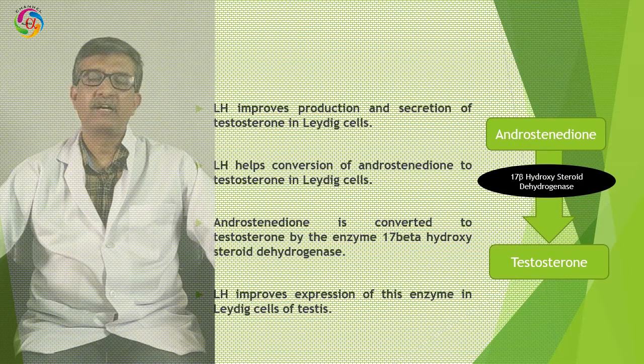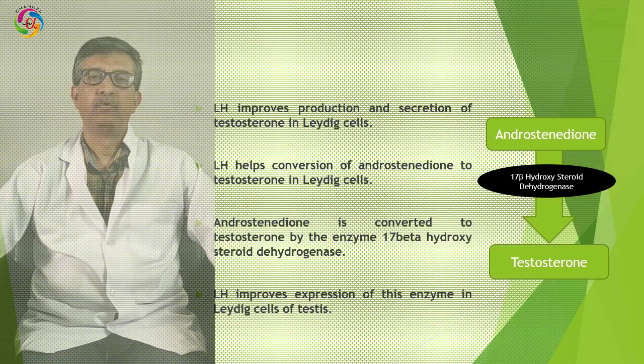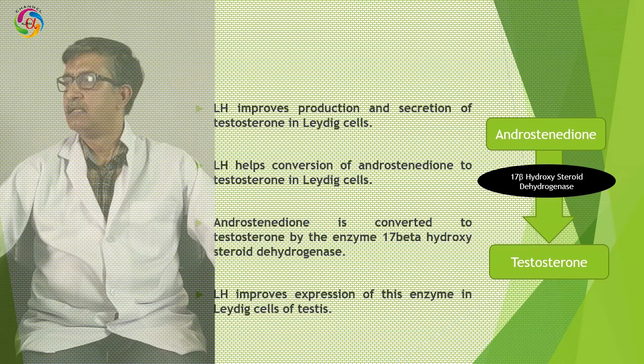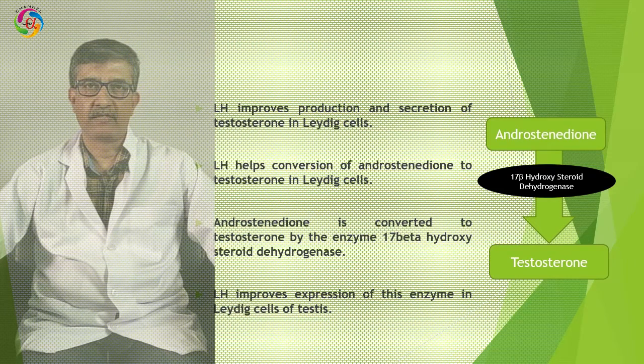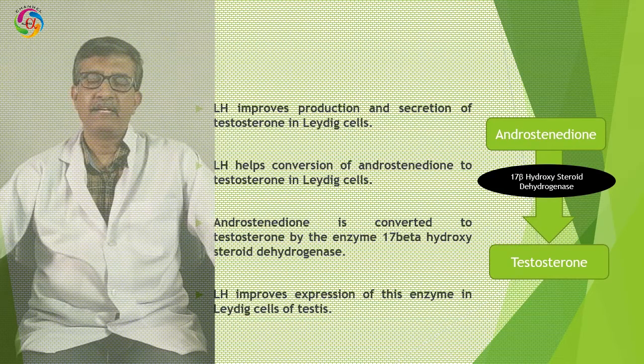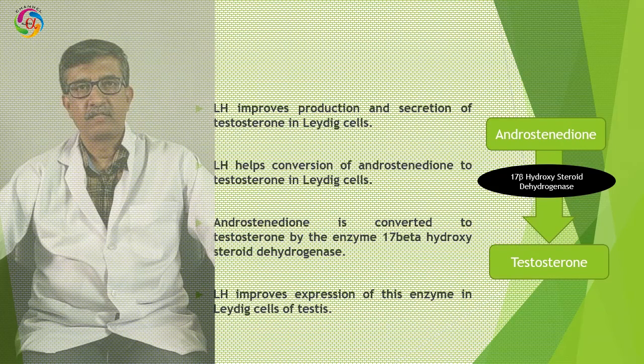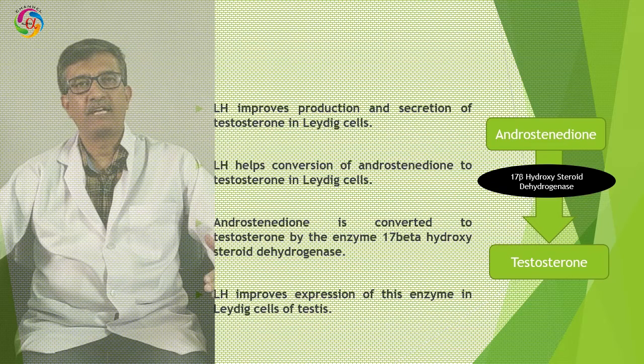Androstenedione is converted to testosterone by the action of a particular enzyme called 17-beta hydroxysteroid dehydrogenase. This enzyme is directly under the control of LH.